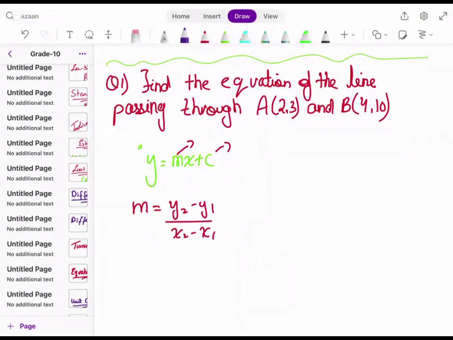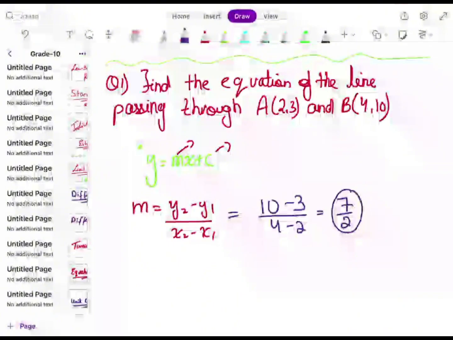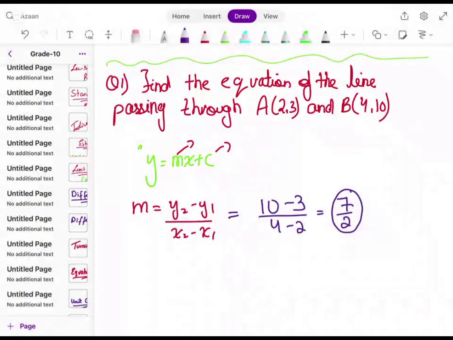We have 2 points, so we put them here. y2 is 10 and y1 is 3, divided by 4 minus 2. This becomes 7 over 4 minus 2, so 7 over 2 is the slope, or gradient, we got.